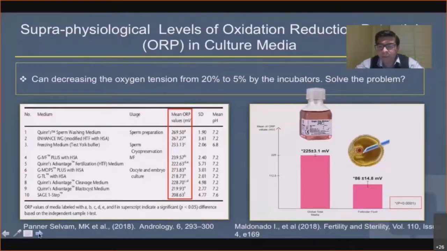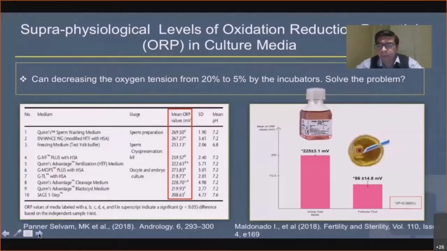These important findings were obtained and reported by our team, always under the leadership of Dr. Agarwal. According to our results obtained from these research projects, I would like to mention that there is still a necessity to adjust the supraphysiological ORP levels present in culture media every 12 hours, even when the embryos are cultured in vitro and are exposed to only 5% oxygen.